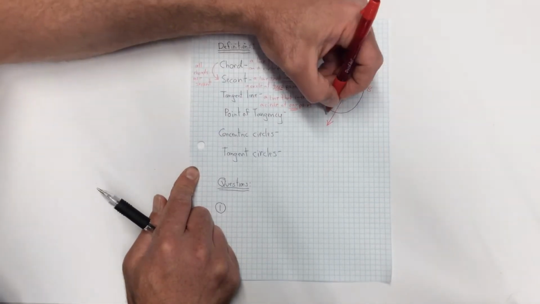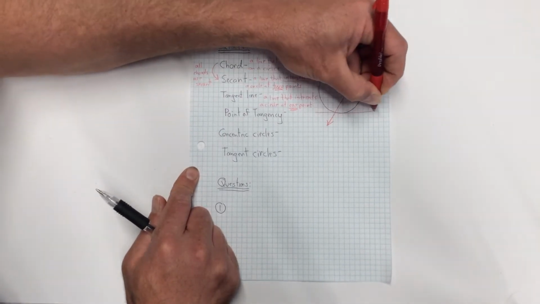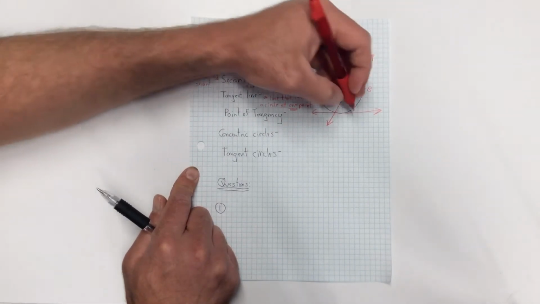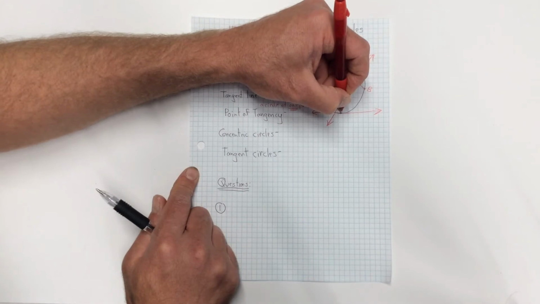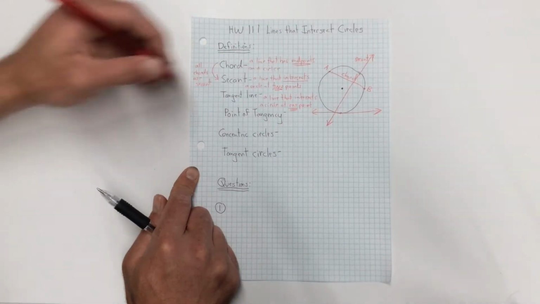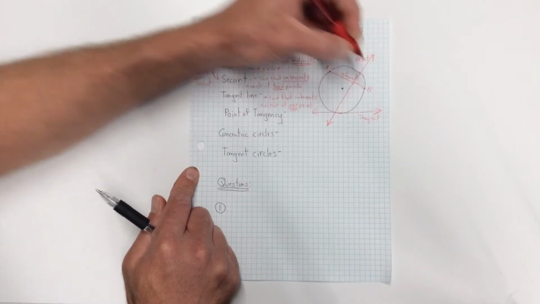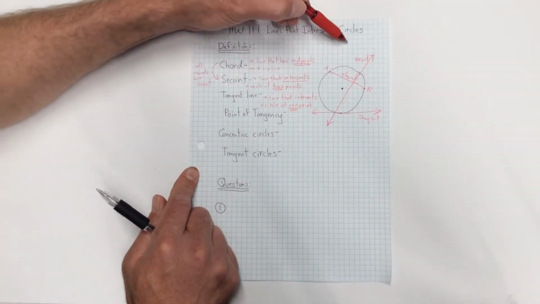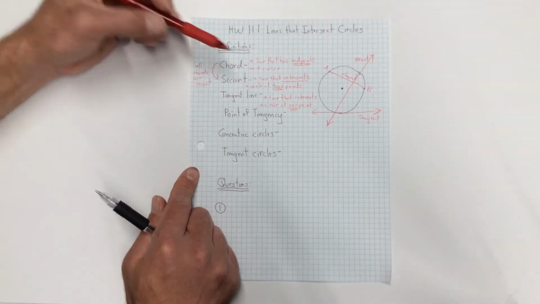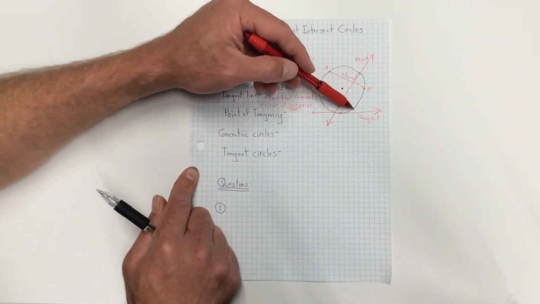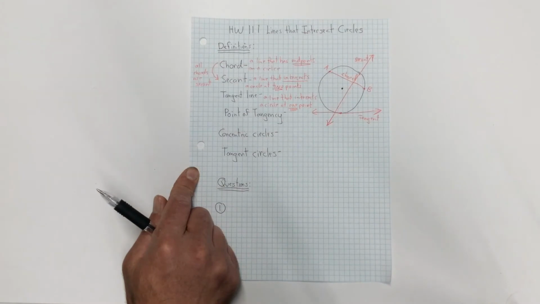So a tangent line to this circle would look something like this. And again, I'm not quite drawing it perfectly. But if my circle was perfect and my line was perfect, I would see it actually only hits at 1 perfect point. And so that would be a tangent line. So a tangent line has to go right along the outside of a circle, and it's only going to hit in 1 point, whereas any other line that's actually going to hit the circle will have to hit it twice, passing through the circle 2 times.